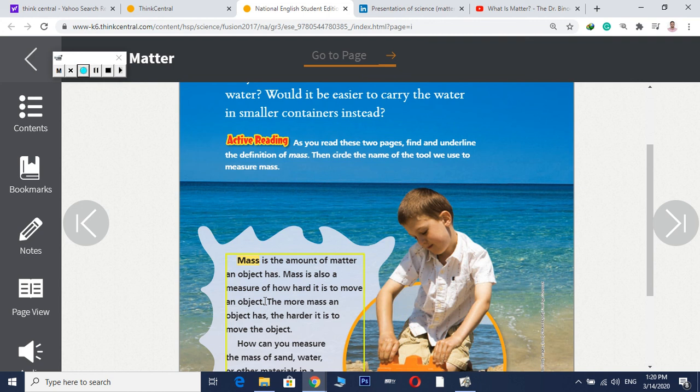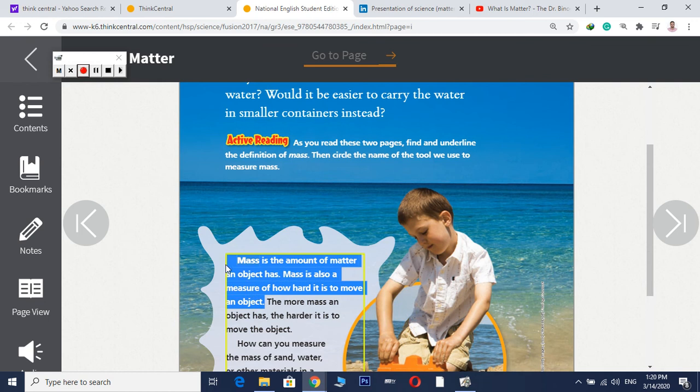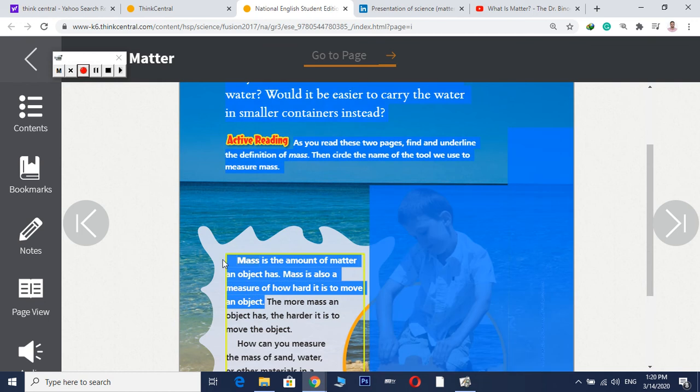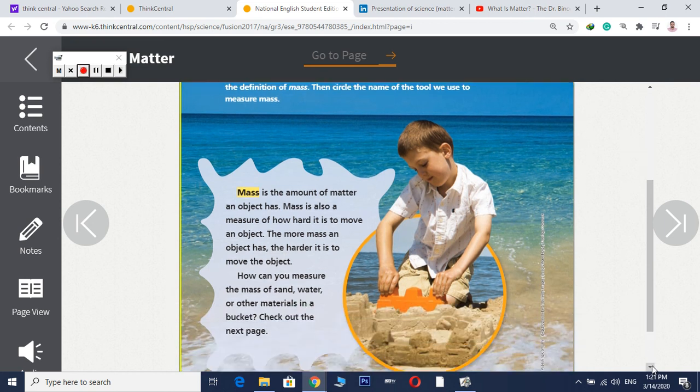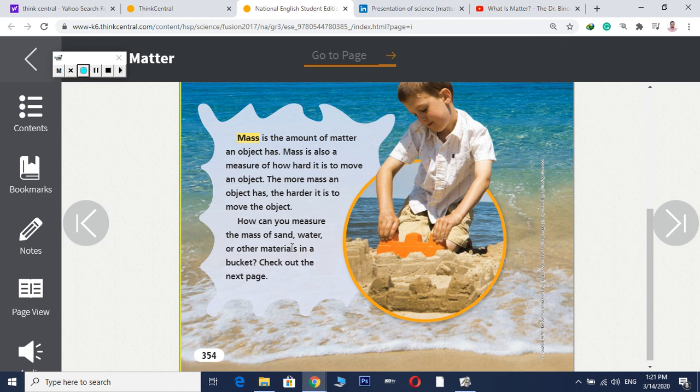Is it heavy to move, or is it light and easy to move? So underline this with me because this is the definition. The more mass an object has, the harder it is to move. Of course, if you have 5 kilograms and 1 kilogram, the mass of 5 kilograms is harder to move.